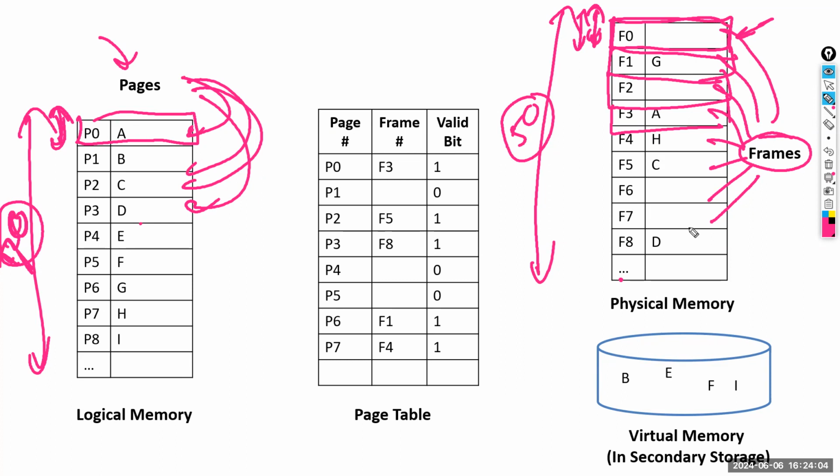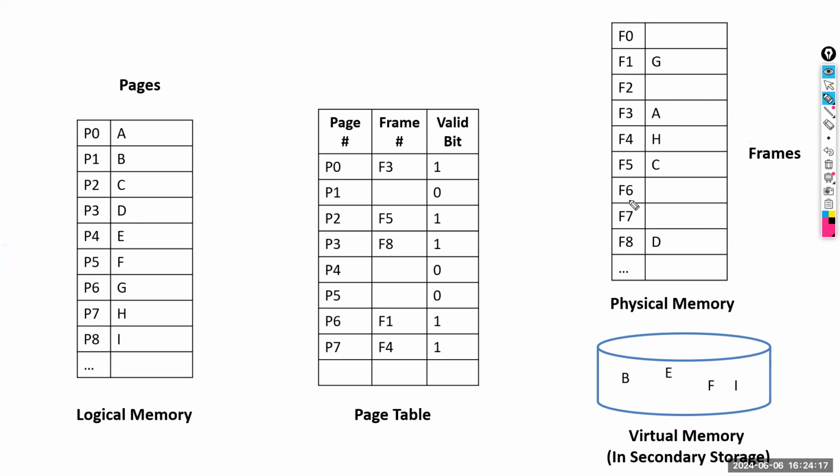Okay. And some of these pages are mapped to a frame. That means that page is really in the physical memory. For example, page 0 is mapped to frame 3.